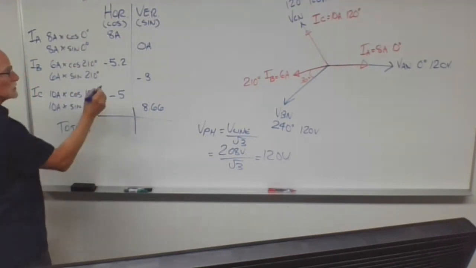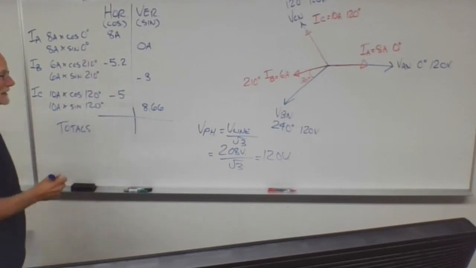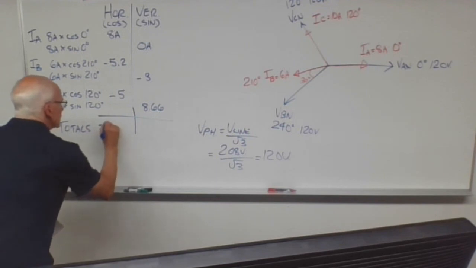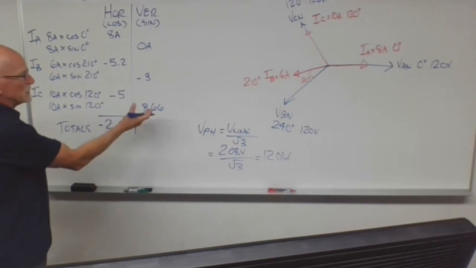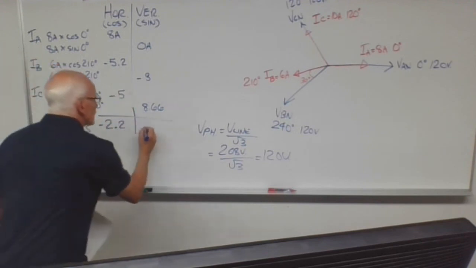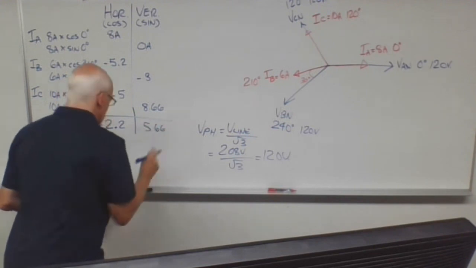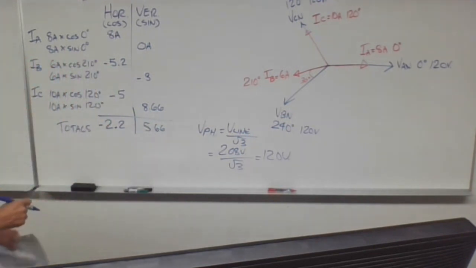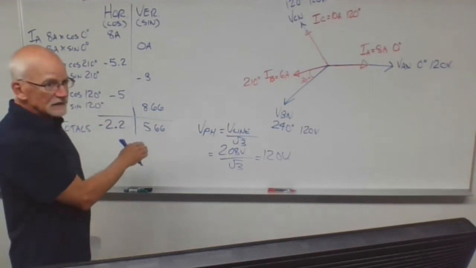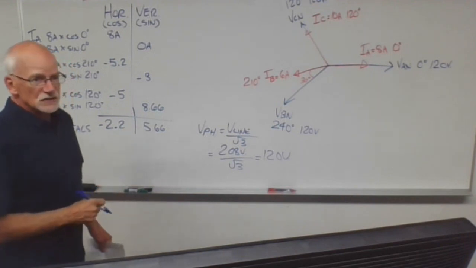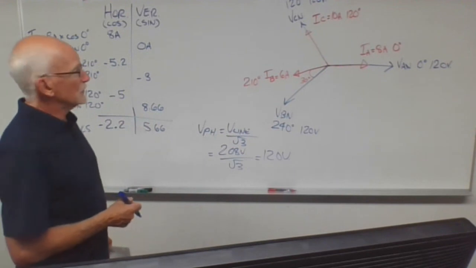So minus 5, minus 5.2, minus 10.2, minus 8 should give me minus 2.2 for a total horizontal value. 8.66 minus 3 should give me a total vertical value of 5.66. So that's how we use the horizontal and vertical chart to calculate our total horizontal and vertical values for the neutral current that we're looking for.